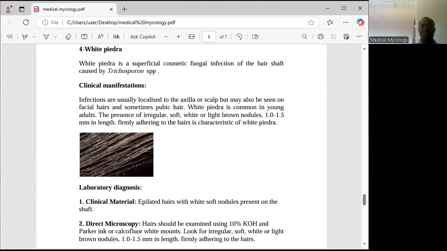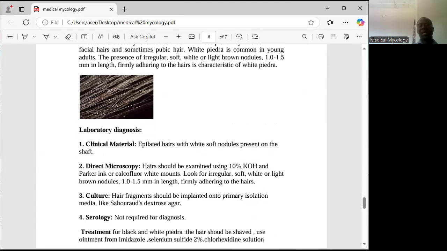The laboratory diagnosis, epilated hair with white soft nodules present on the shaft. The hair should be examined using 10% potassium hydroxide as well as Parker ink or lactophenol cotton blue wet mounts. Look for irregular, soft, white or light brown nodules.